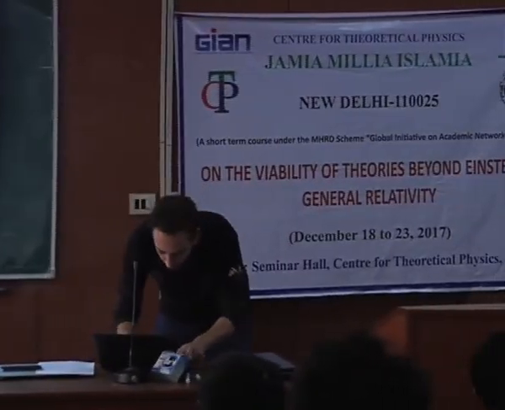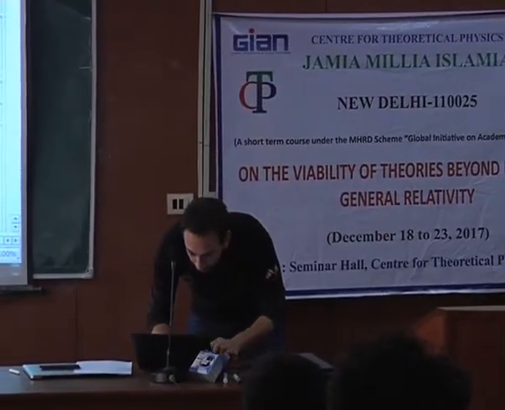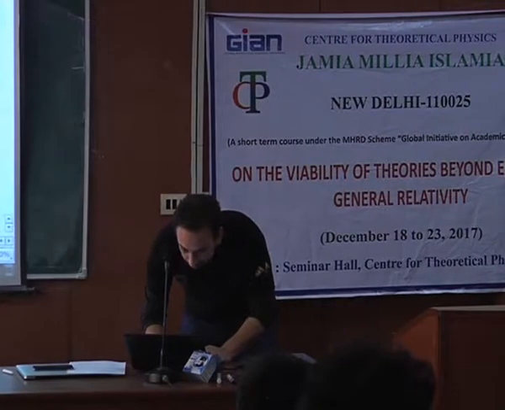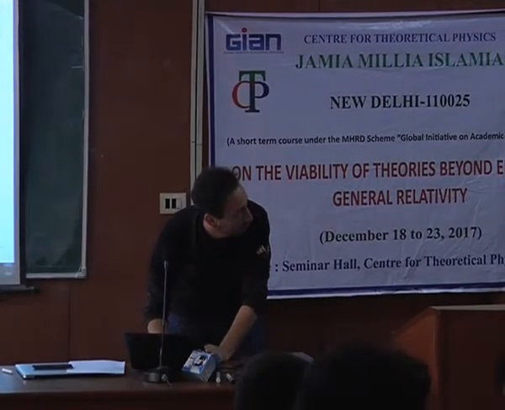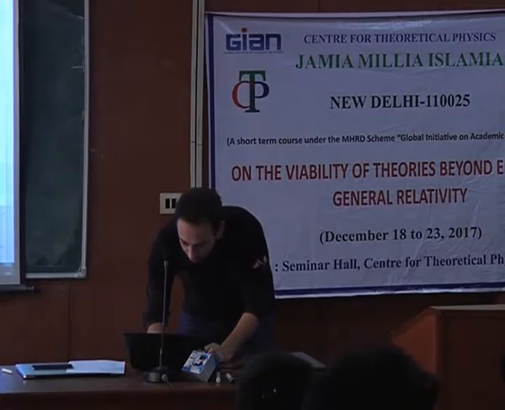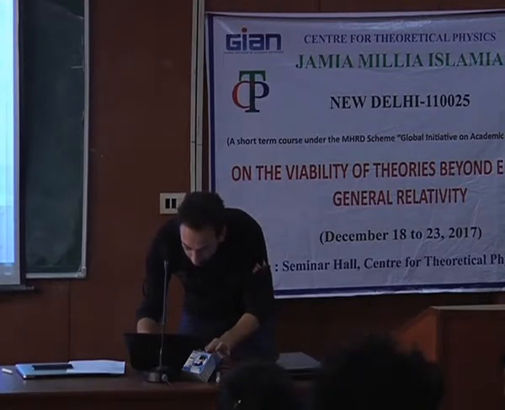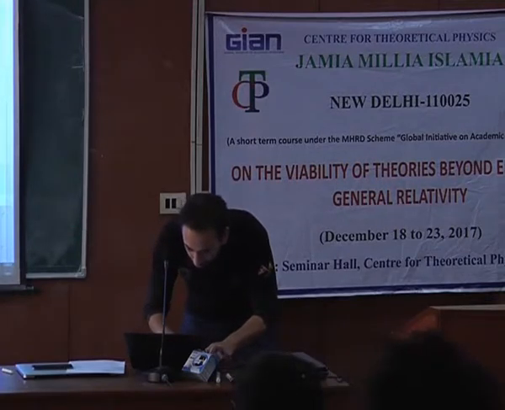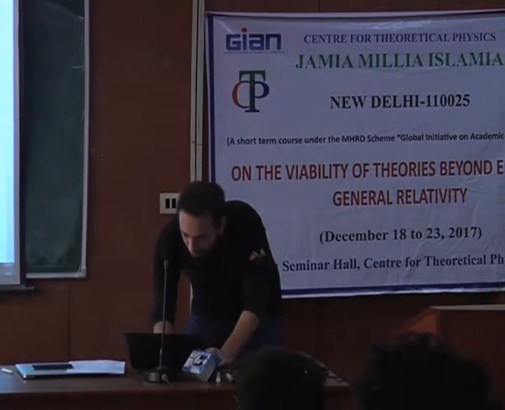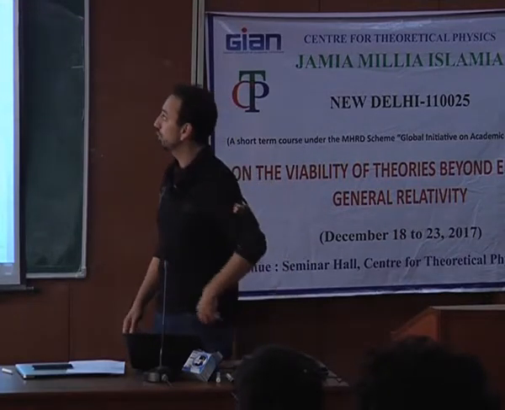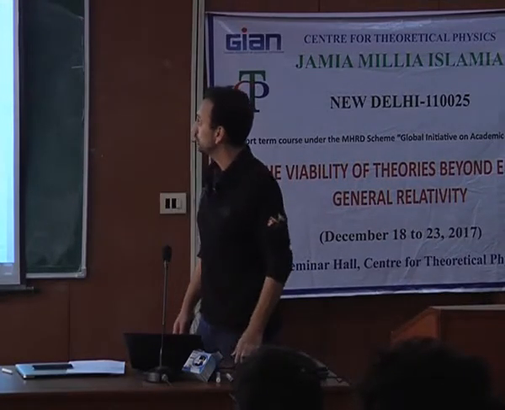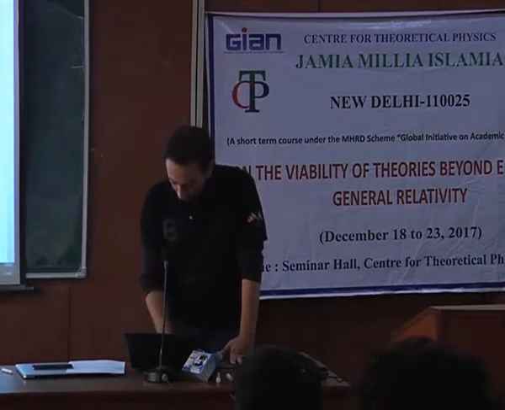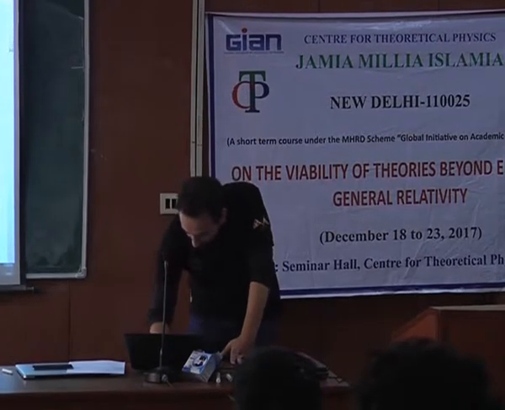It's union, and then gov, G-O-V. Okay, so I will write it here. You can look at it here. Okay, so this is the group, the Supernova Cosmology Project. They give all the data, etc., for these supernovae.